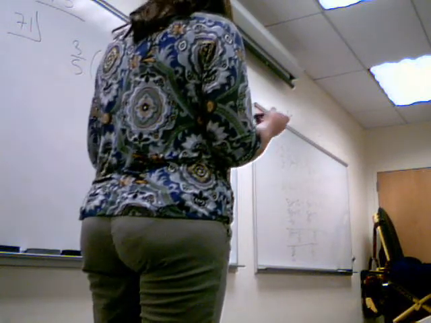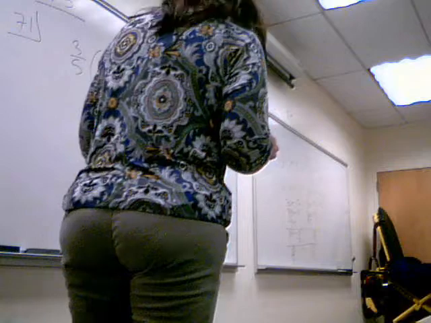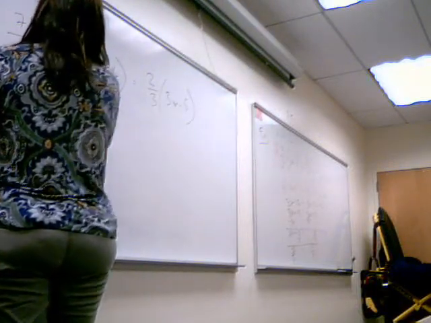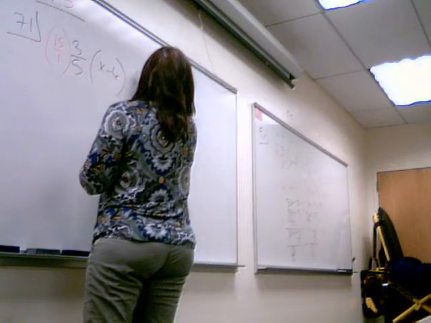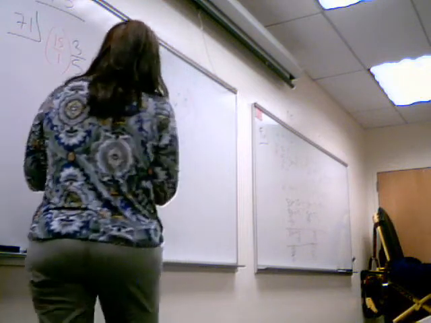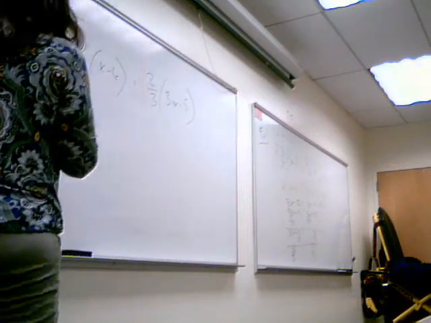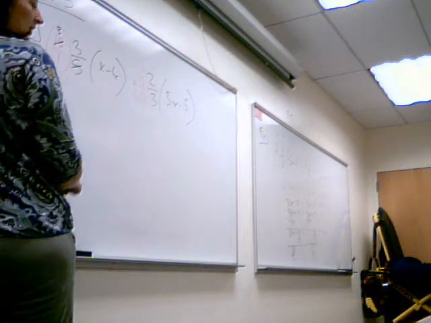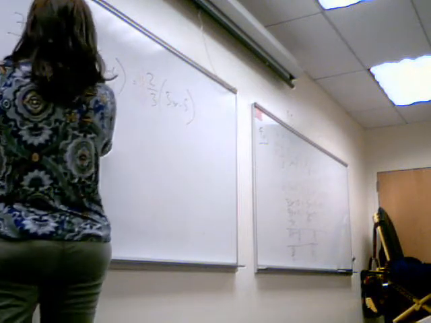Okay, what'd you multiply everything by? 15? Okay. So 5 goes into 15 3 times, right? 3 times 3, 9.